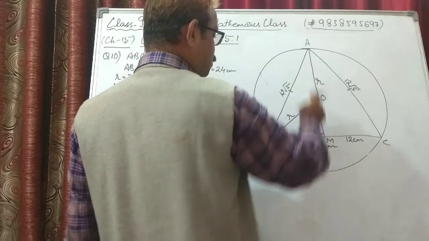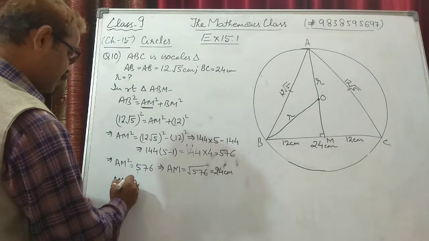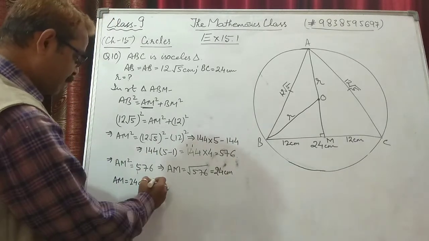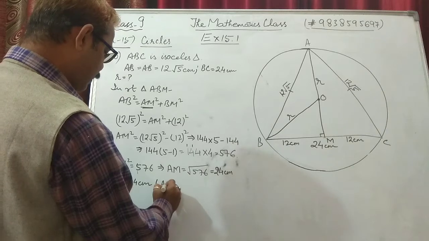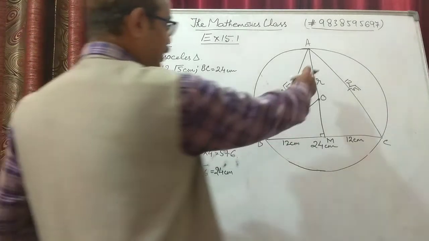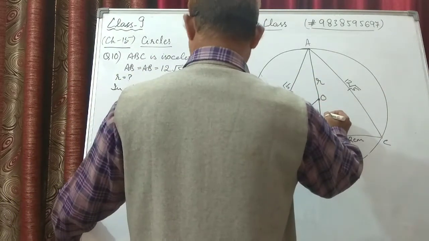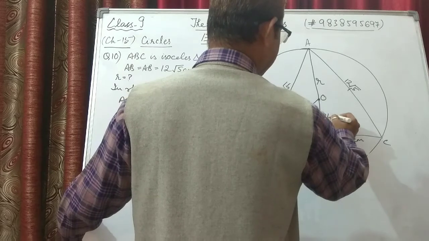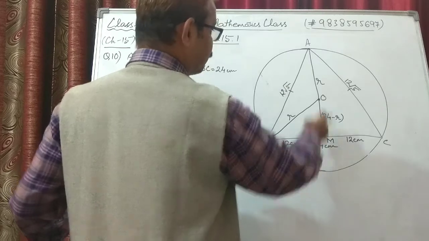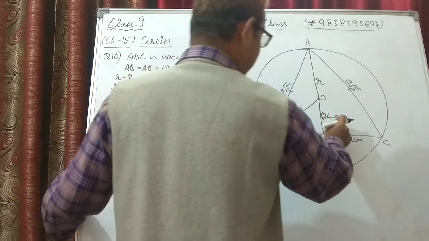So from A to M, the total length we got, AM is equal to 24 centimeters, in which this AM can be written as AO plus OM. Now AO can be taken as R, so OM can be taken as 24 minus R. Why? Because A to M total length is 24 and AO is R because it is radius. So OM will come out as 24 minus R.